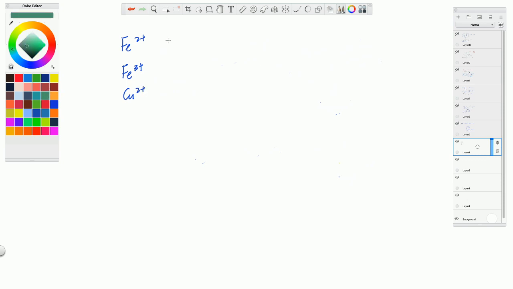Okay, so this one is green. This one is brown. Okay, this one is blue. But it's only blue sometimes, okay?